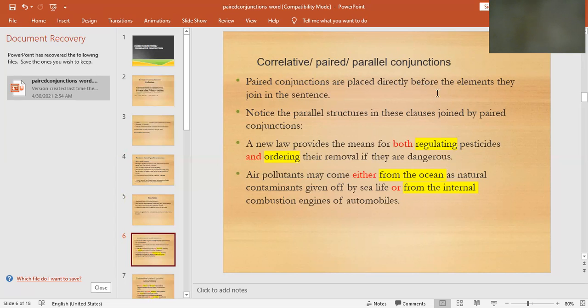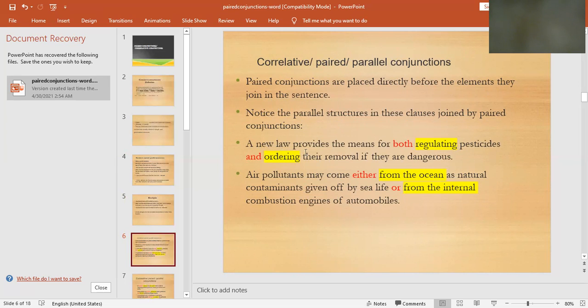Look here, where to put the correlative conjunction. Paired conjunctions are placed directly before the elements they join in a sentence. They are not separated from the words, clauses, or phrases we are joining. Notice the parallel structure in these clauses joined by paired conjunctions.